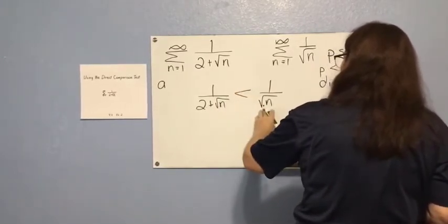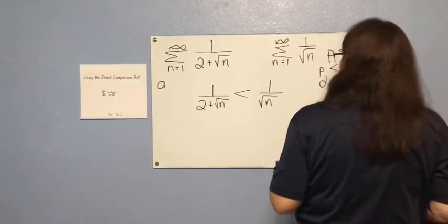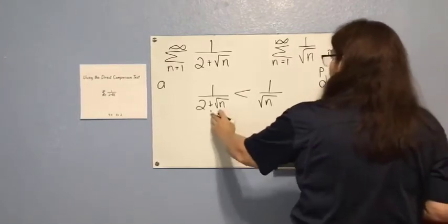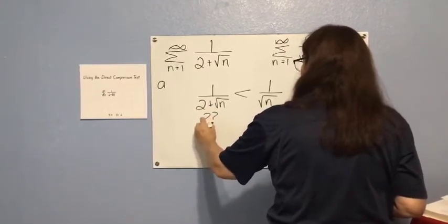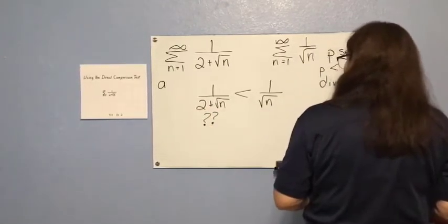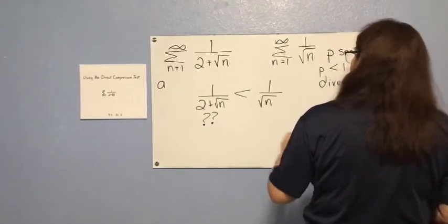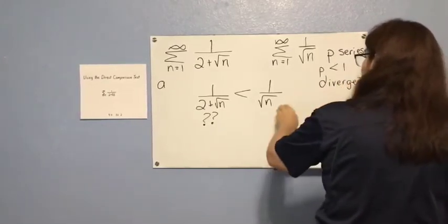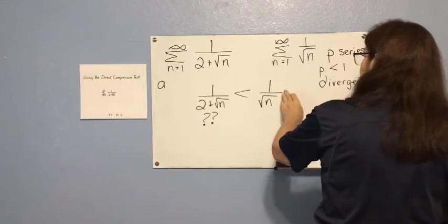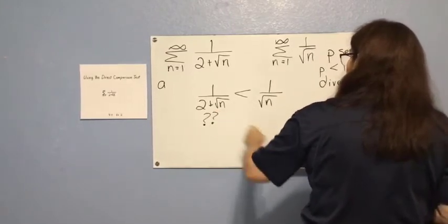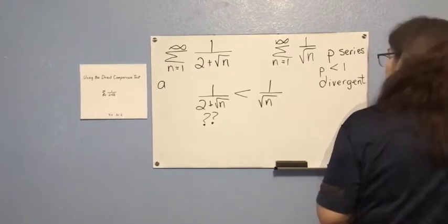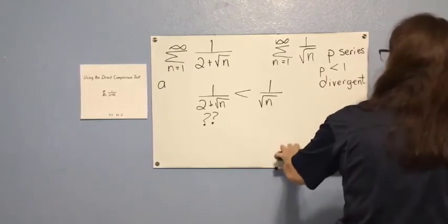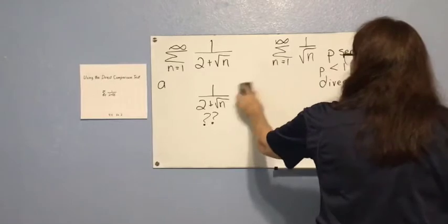And this will be smaller than this. But this is divergent, so what do I know about this? I don't know anything. Okay? In order to use the test, I would have to have a series over here that was smaller than this one, and also divergent. Okay, so this is not helpful. Let's try something else.